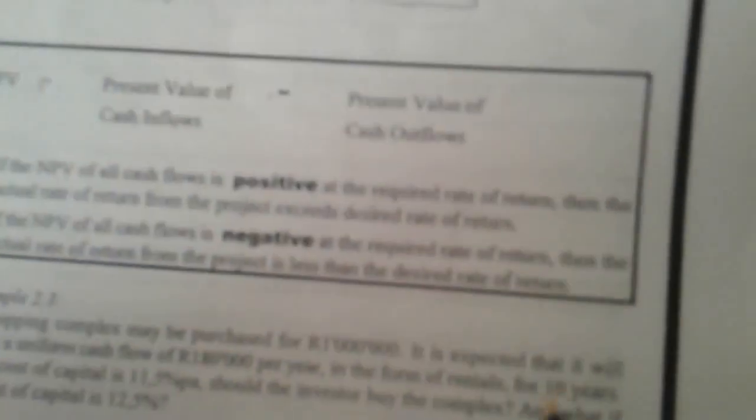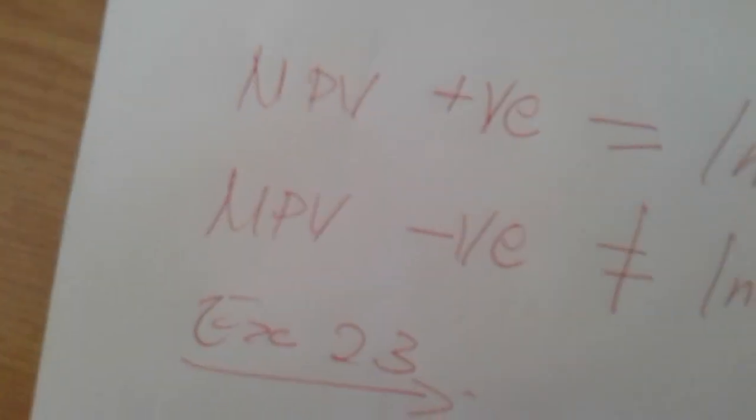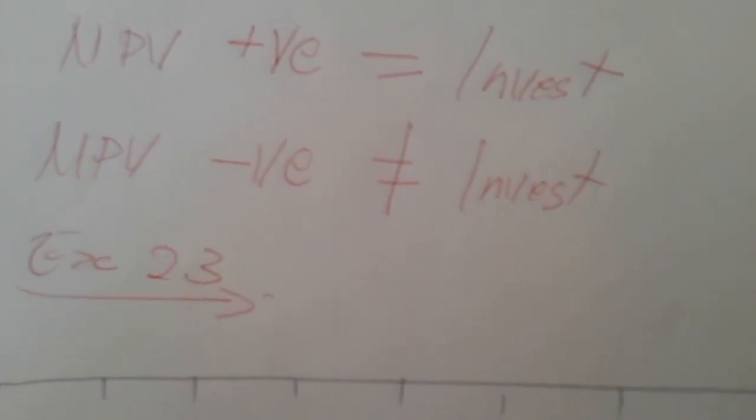Why? Because I'm going to purchase, so money is going out. It is expected that it will retain a uniform cash flow of 180,000 per year for the next 10 years. Okay, so 1, 2, 3, 4, 5, 6, 7, 8, 9, and 10.